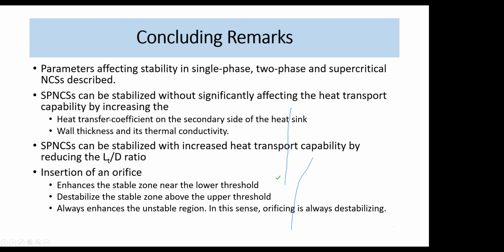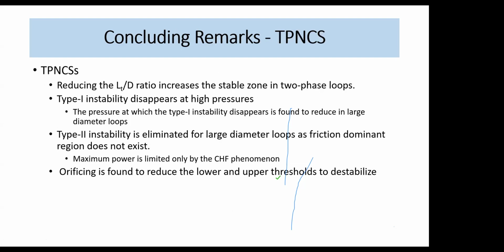And you could also have a situation that if you reduce the LT by D ratio, then you can actually enhance the heat transport capability while stabilizing. So that option is available for both the single phase and two phase, and to some extent the supercritical systems also.